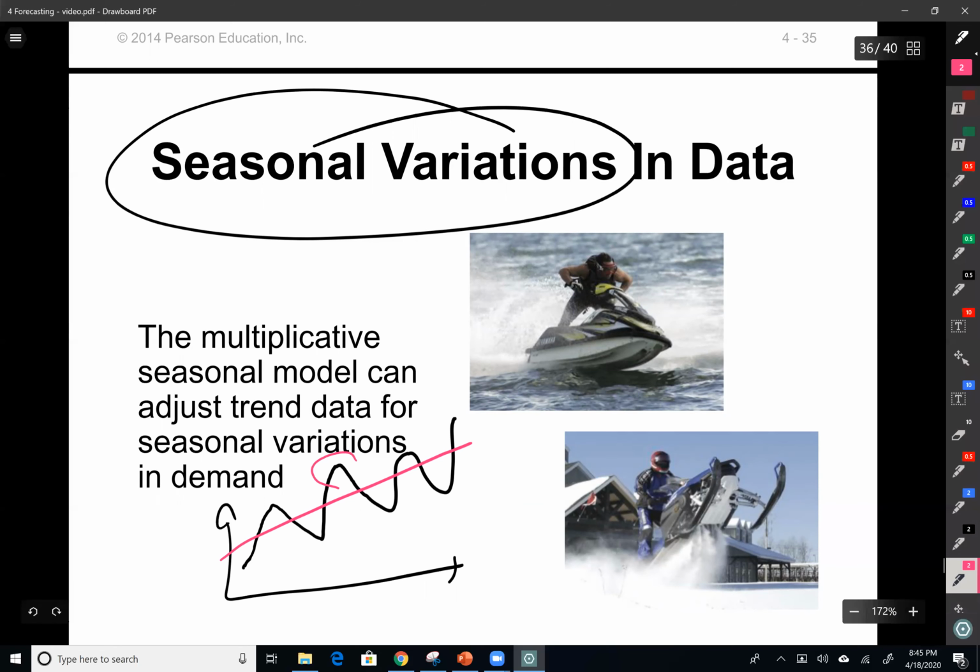So you need to consider these peaks and valleys, which we call seasonality, and I will show you how to deal with that. So this is your pattern number one, which is your trend line. And this is your pattern number two, which is seasonality.